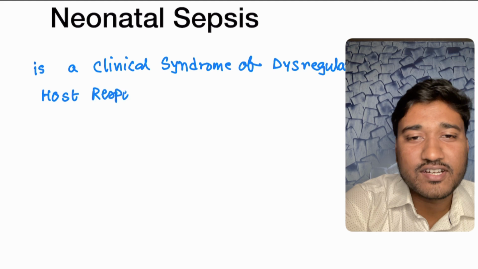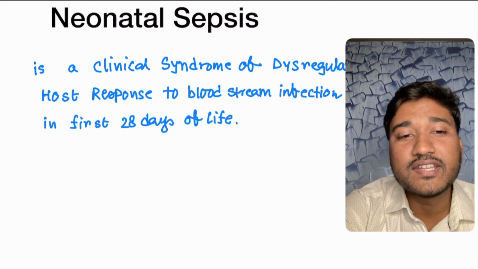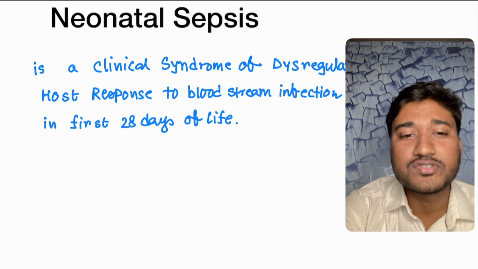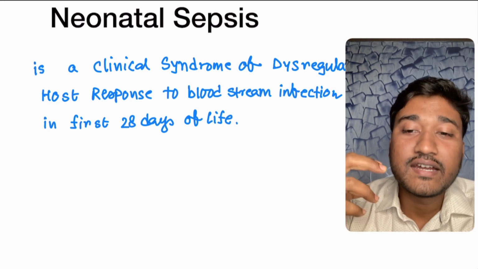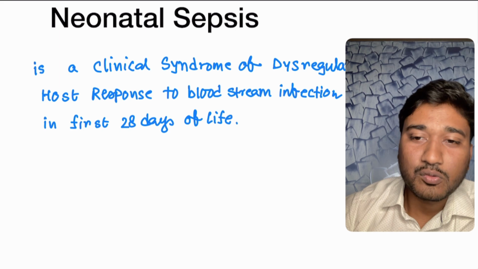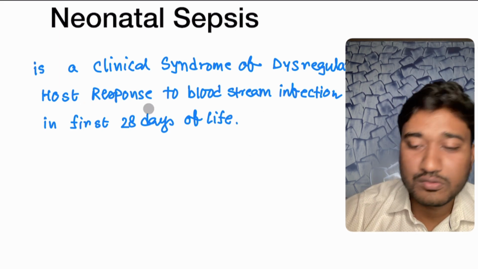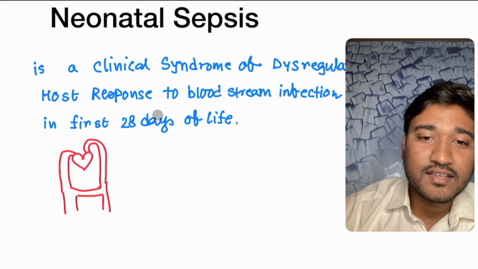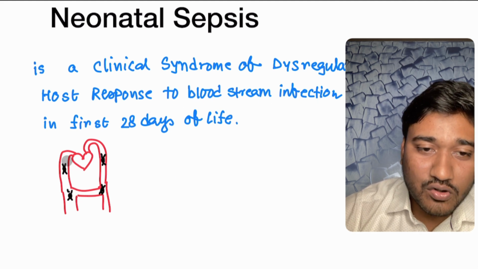So, what is neonatal sepsis? Neonatal sepsis is a clinical syndrome of dysregulated host response to bloodstream infection in first 28 days of life. So, what does it actually mean? Look here, there is dysregulated host response, and also there is bloodstream infection. So these are your naughty bacteria.